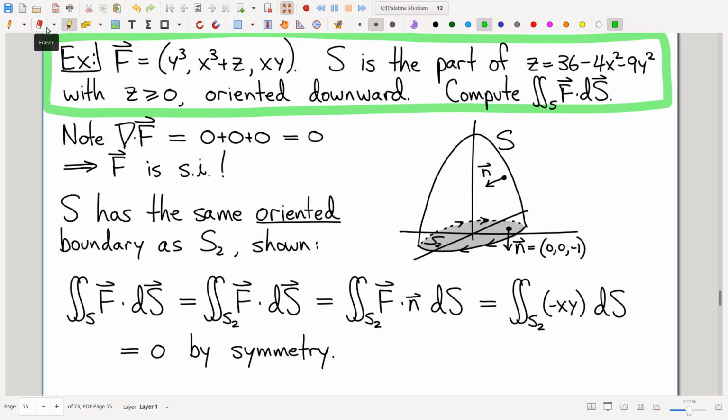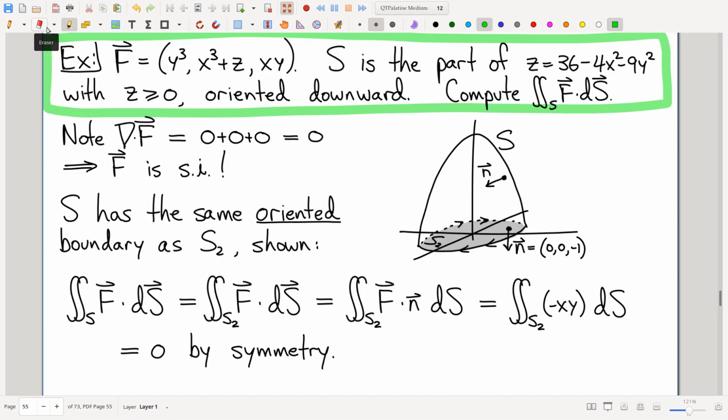Usually these kinds of questions will not announce themselves. They will not label themselves as this is a surface independence problem or this is a divergence theorem problem or something like that. So you have to look at the question, understand exactly what's going on, and then pick the appropriate tool based on which tools are actually available.